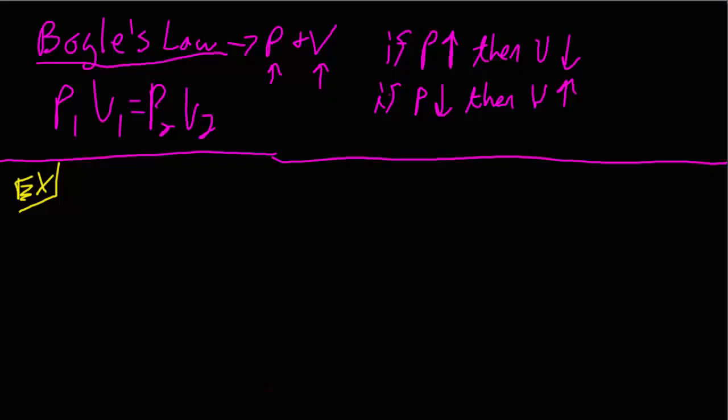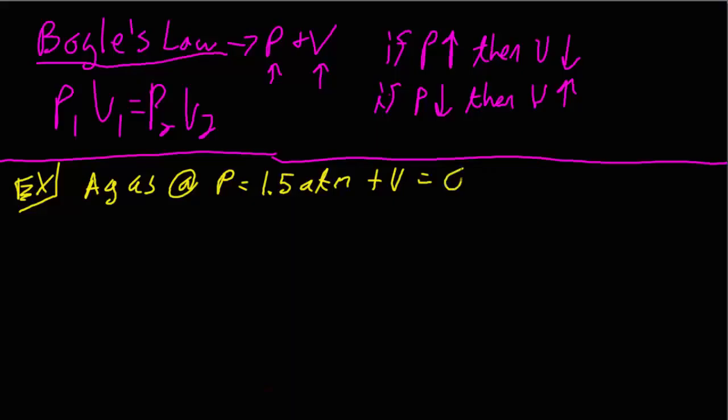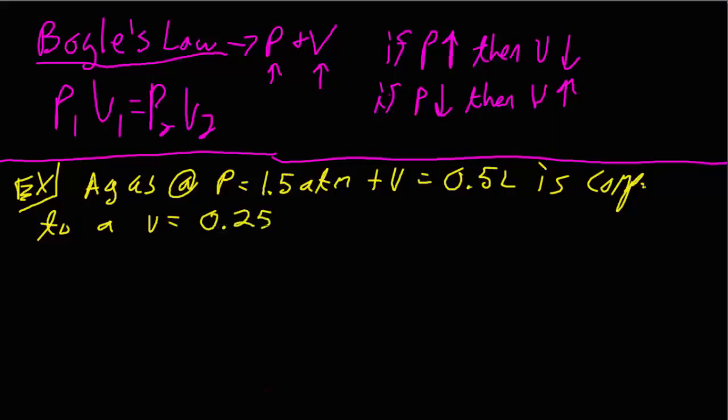Let's say a gas at pressure equal to 1.5 atmospheres and volume equal to, let's say, 0.5 liters, is compressed to a volume of, let's do 0.25 liters.